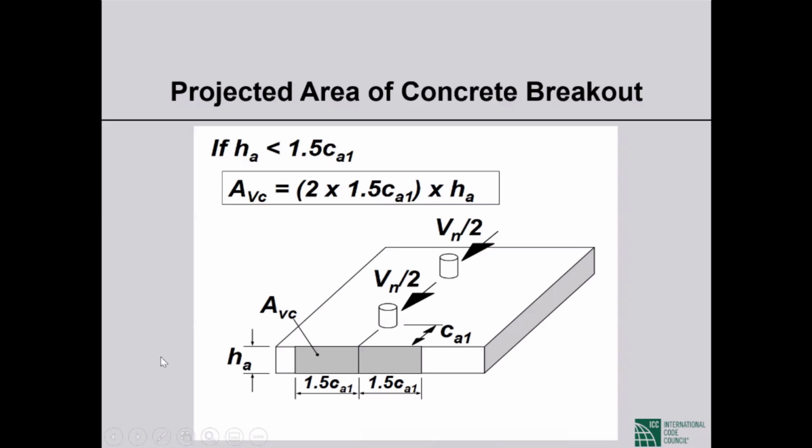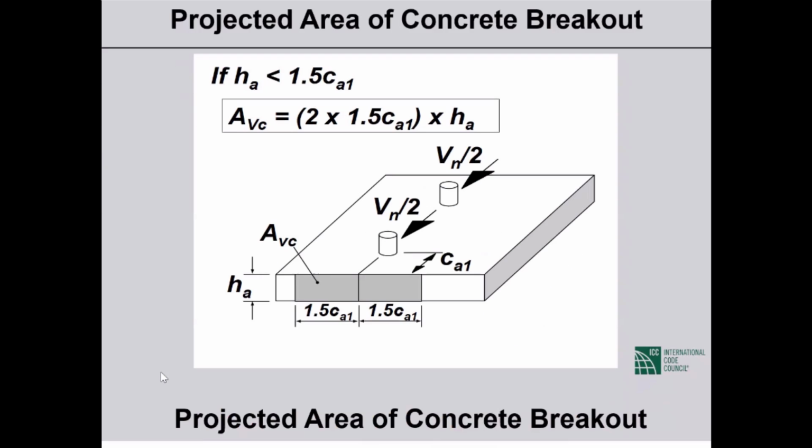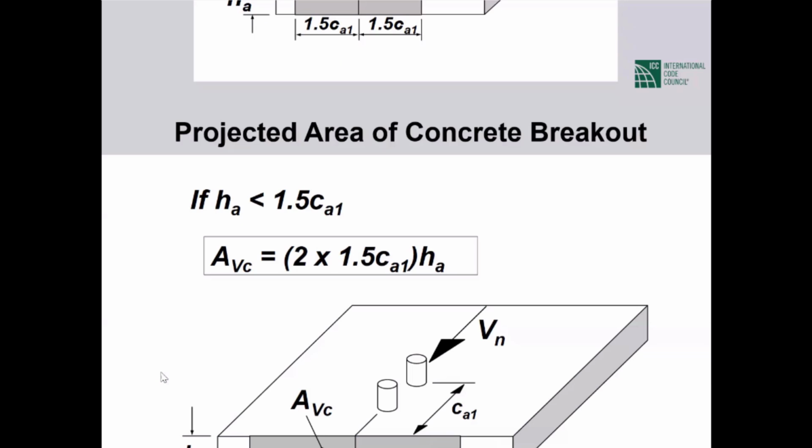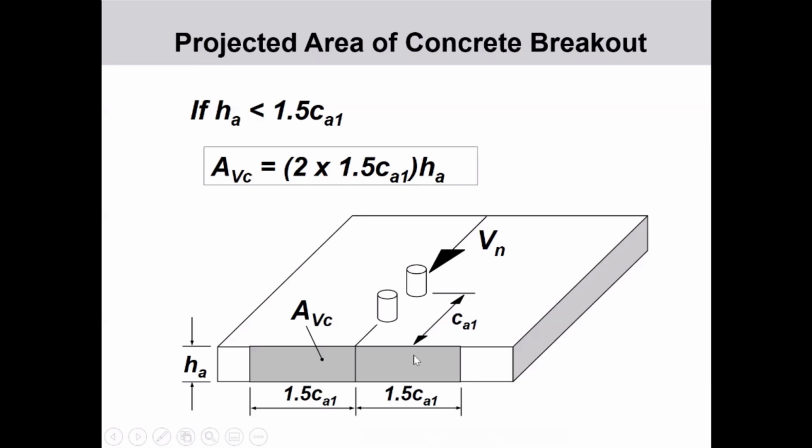The second possibility is the front anchor doesn't break out. The way the 2 anchors are connected by base plate or something, the front anchor begins to yield and transfer the loads to the back anchor.